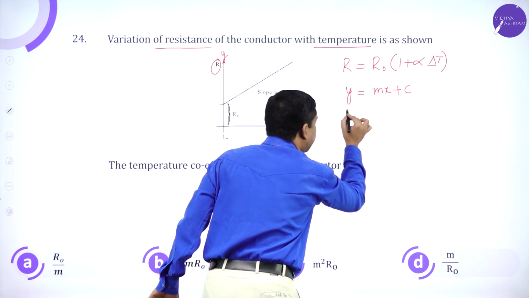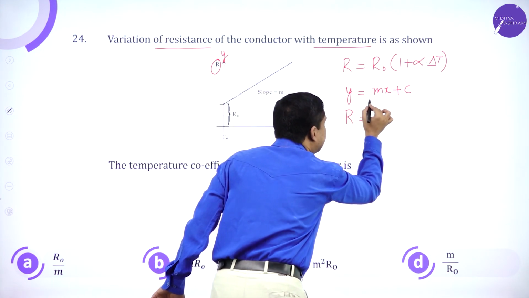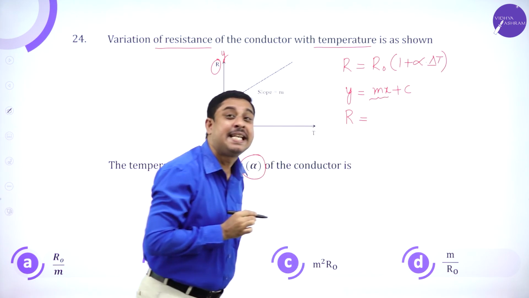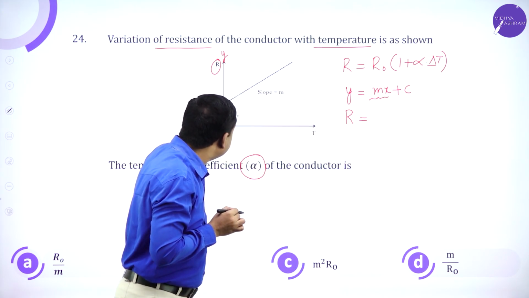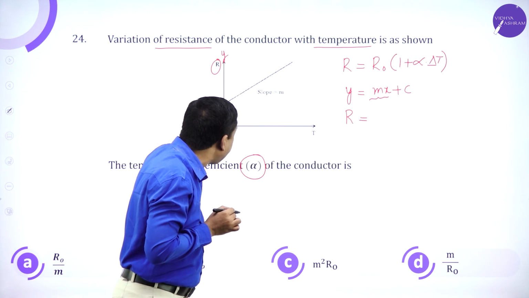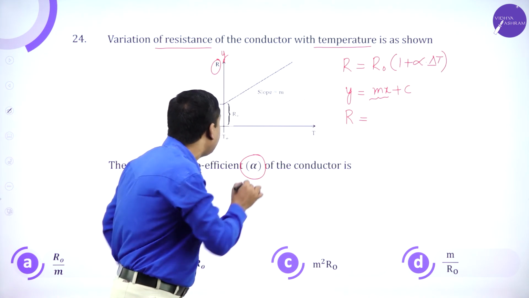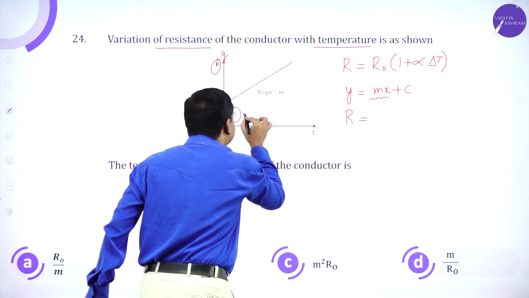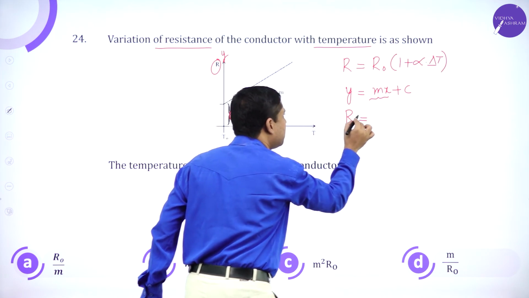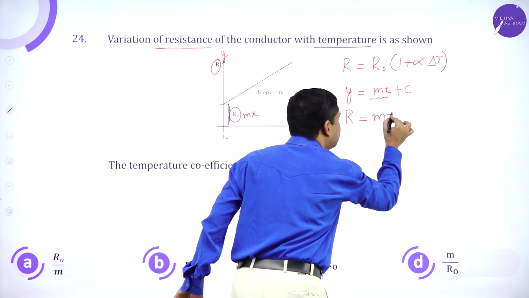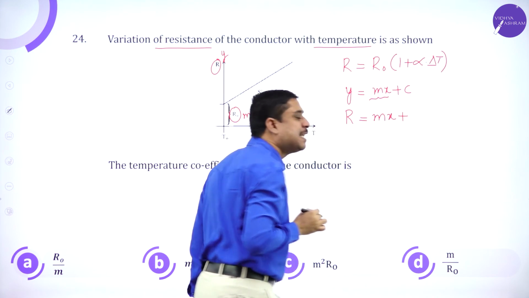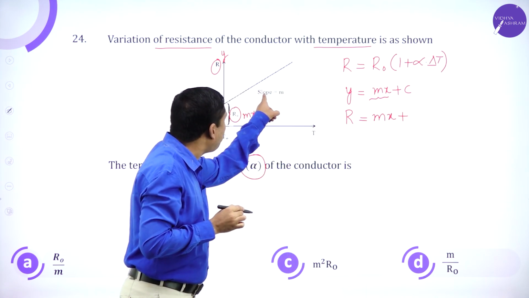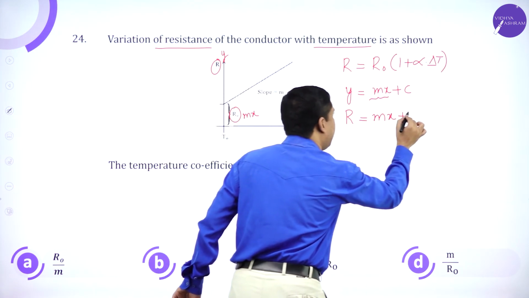So R equals mx plus c, where c, the intercept of the graph, is nothing but R naught. This is the intercept. And m is the slope.